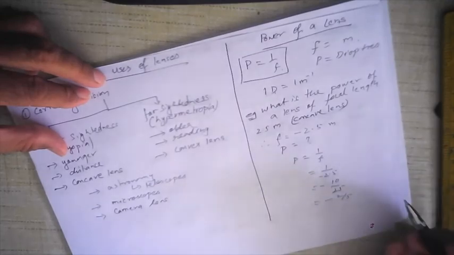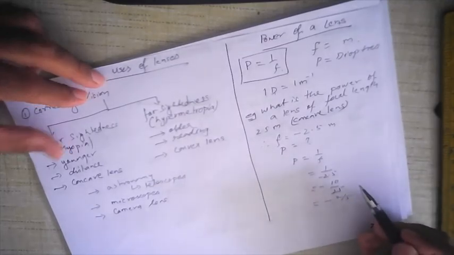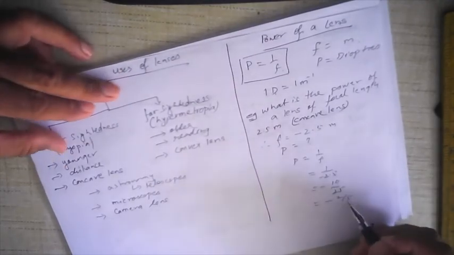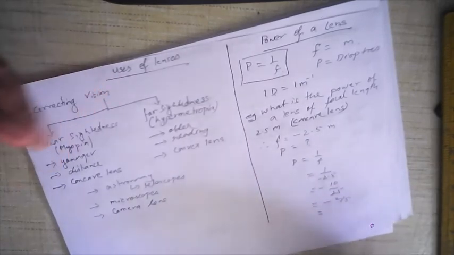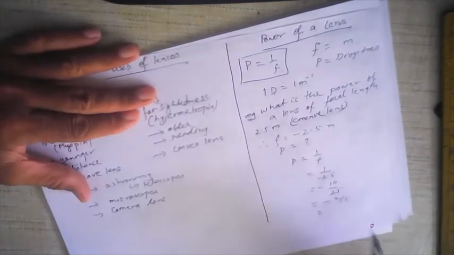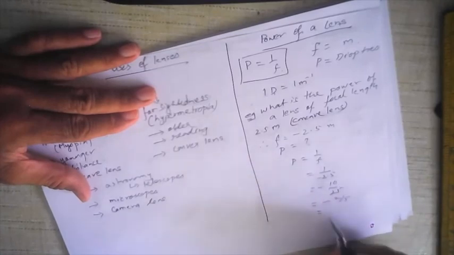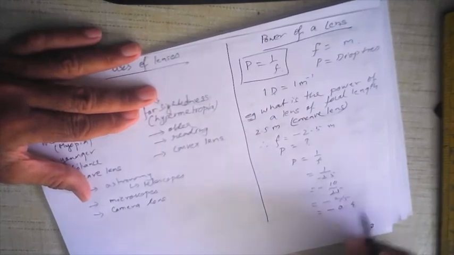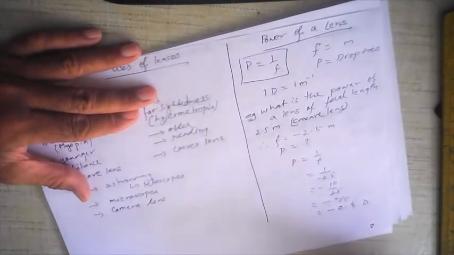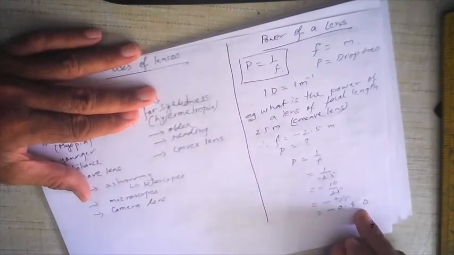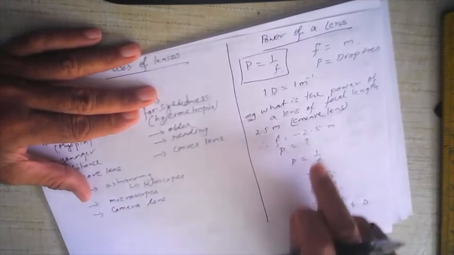If you want to convert to decimal form, minus 5 5s are 25, 5 2s are 10, we get minus 0.4, and this is in diopters. The power of a lens is always measured in diopters, but the focal length must be given in meters.